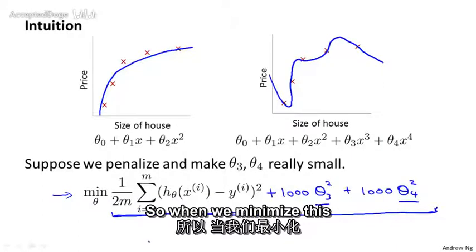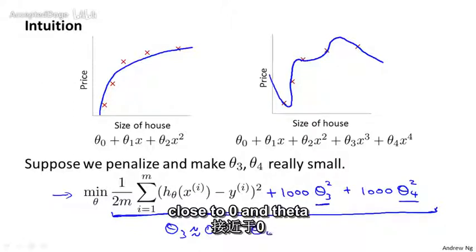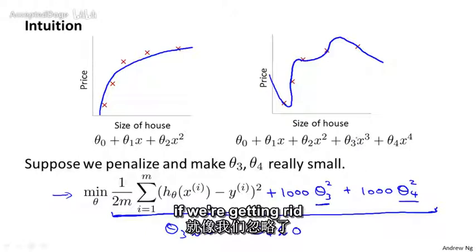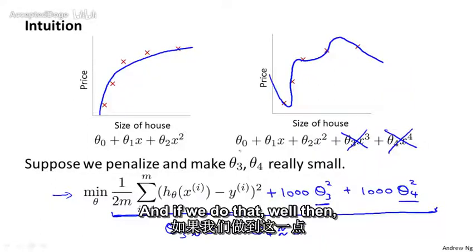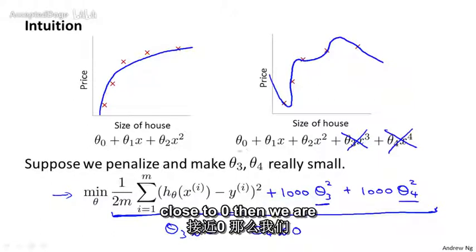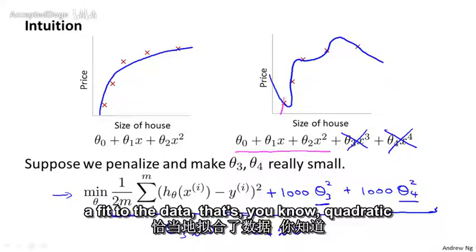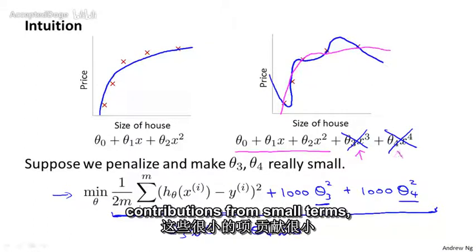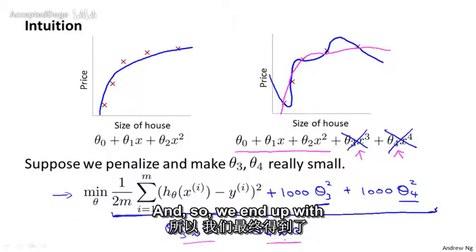So when we minimize this new function, we're going to end up with theta3 close to 0 and theta4 close to 0. And that's as if we're getting rid of these two terms. If theta3 and theta4 are close to 0, then we're basically left with a quadratic function, and so we'll end up with a fit to the data that's a quadratic function plus maybe tiny contributions from small terms theta3 and theta4 that are very close to 0.